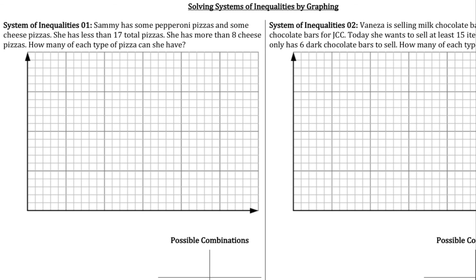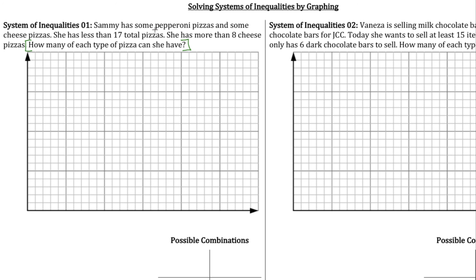All right, so let's look at this one. How many of each type of pizza? Let's figure out what types we have. Sammy has some pepperoni pizza, some cheese.